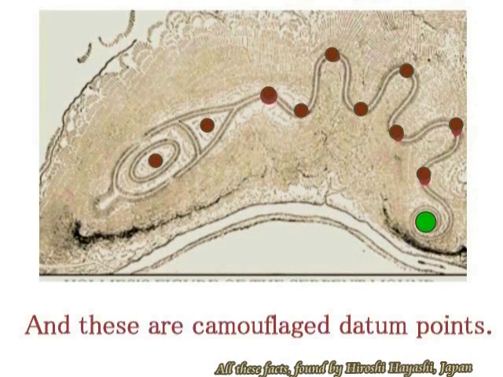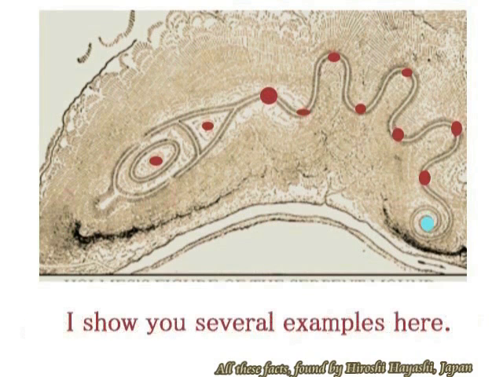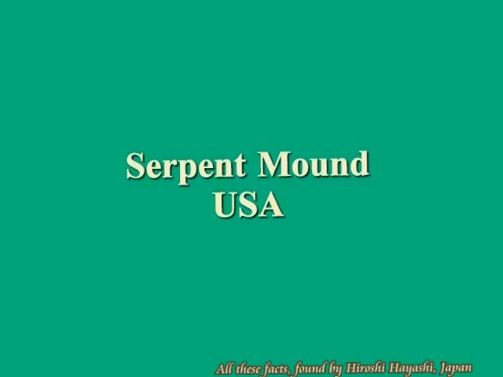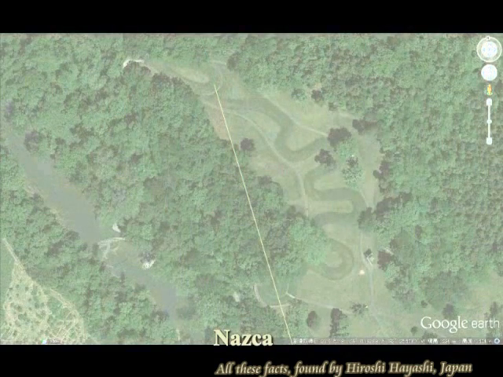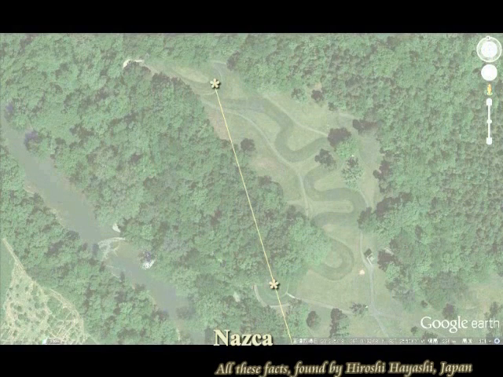And also at each corner of the serpent, I put a dot like this. Red ones are these. And by connecting the blue one with each red one, you can know the direction to each point of the world like this.